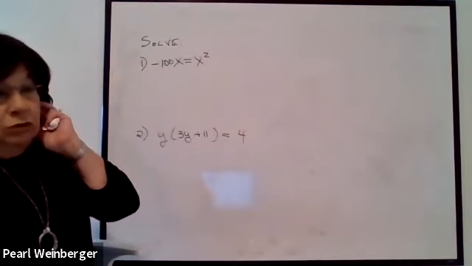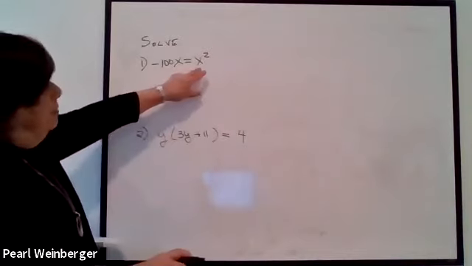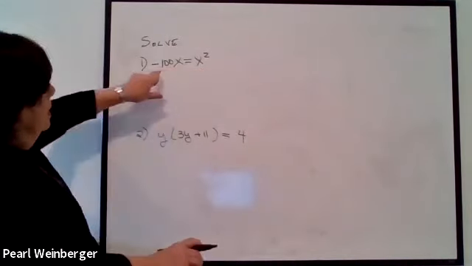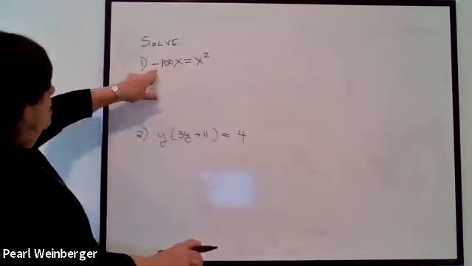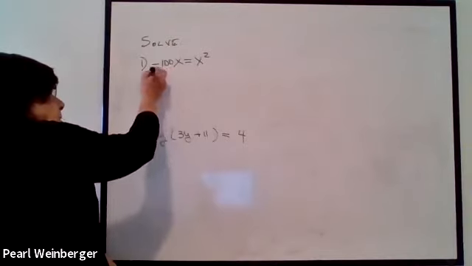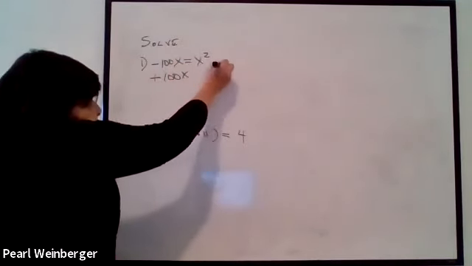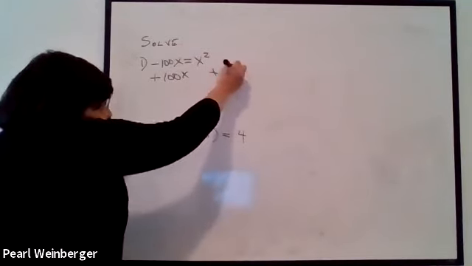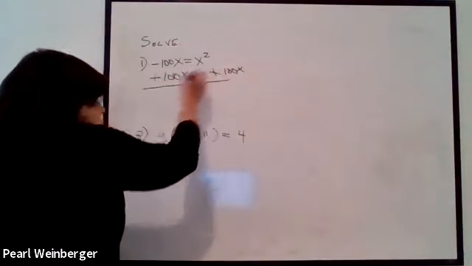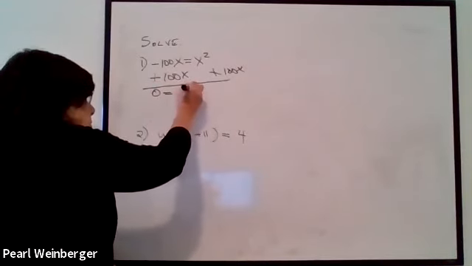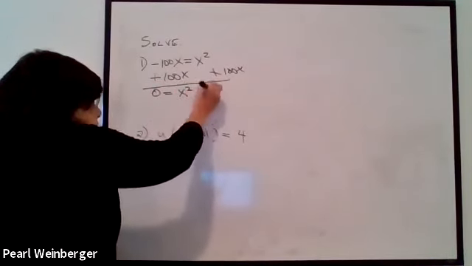It's not wrong to do it the other way, but since I see that my x squared is positive on the right side, I'm going to take this negative 100x and bring it to that side. So I'm going to add 100x to both sides, so that I get the equation 0 equals x squared plus 100x.